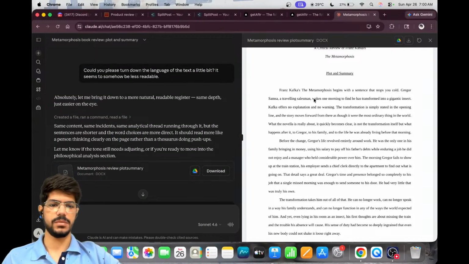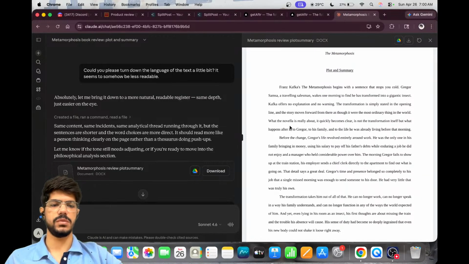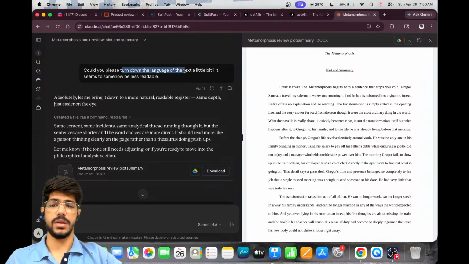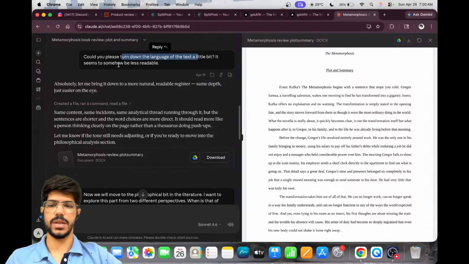Even though I was a bit unsatisfied with this, because it was not to the depth that I would have liked. This literature was harder to read than I like. So I told it to turn down the language a bit, so that it becomes more readable.